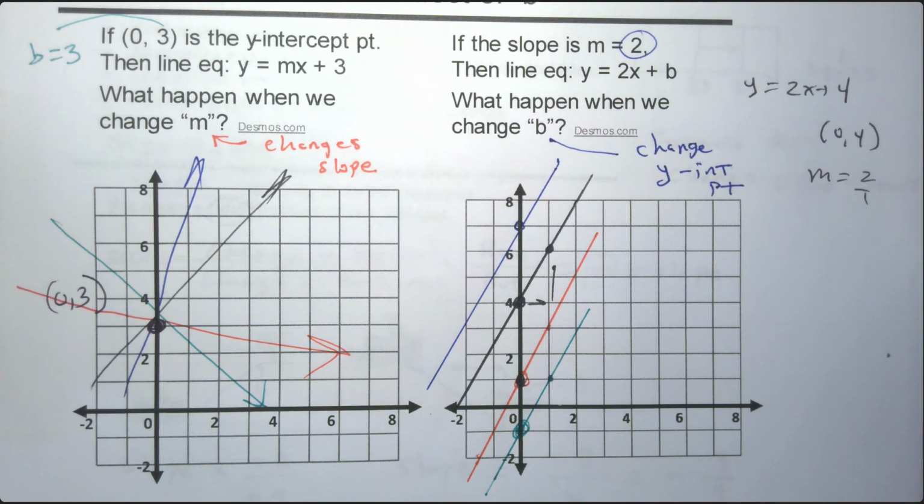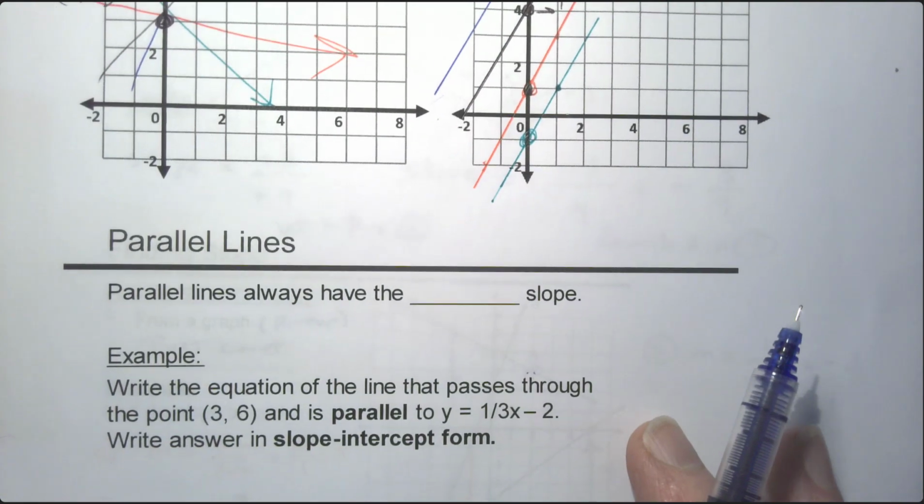Okay, we are almost done with this lesson. Hang in there a little bit more. One important observation. If you look at this particularly, these lines are what we call parallel. They go straight forever and they never cross each other. Any line that goes straight forever and never touches another line, we call those parallel lines.